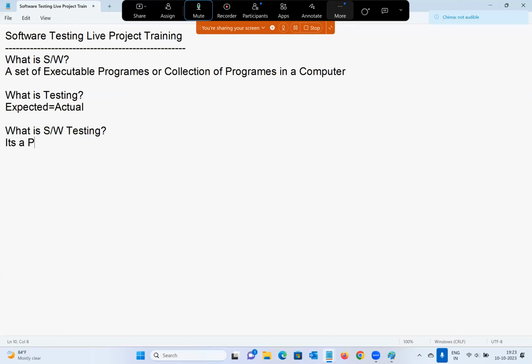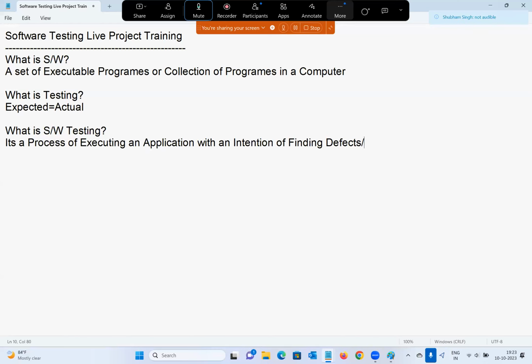It's a process of executing an application with an intention of finding defects, also called bugs.